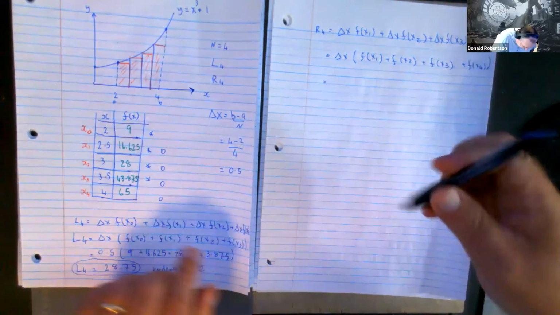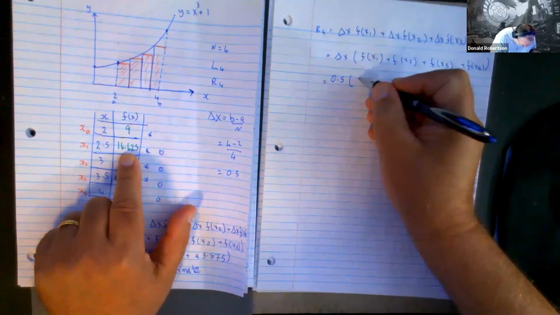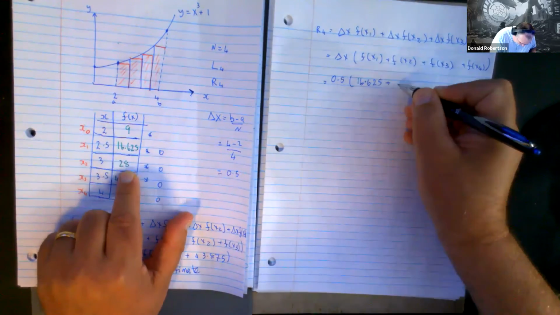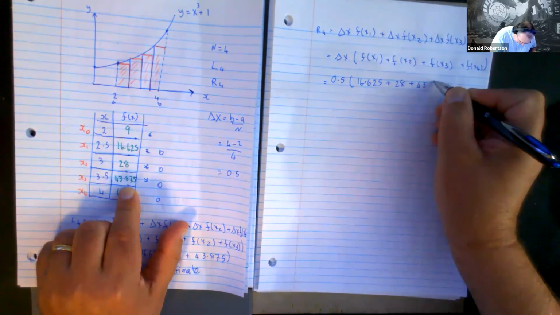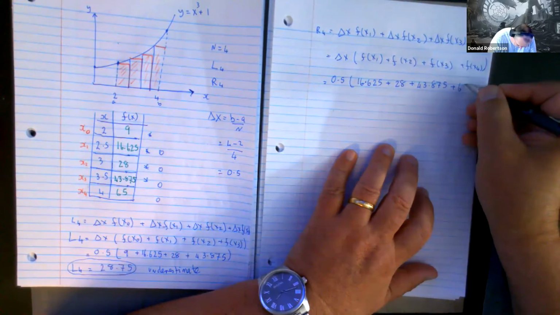So in this case, 0.5 again, and 16.625 plus 28 plus 43.875 plus 65.